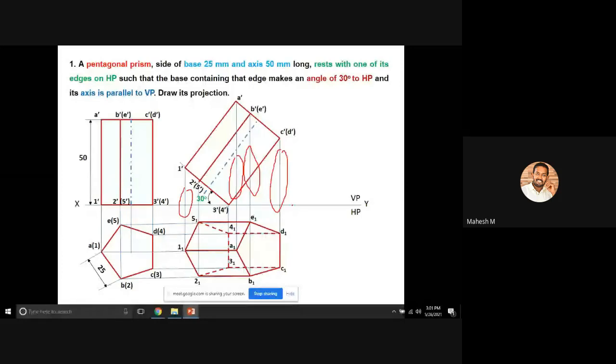Coming Friday 3rd hour will be the tutorial hour. Okay, so the tutorial problem is projection of planes. You must submit this on Friday without fail. At the same time you will have a tutorial on Friday. Is it clear?